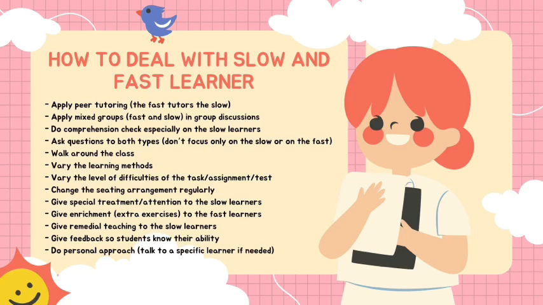And the next, do a comprehension check, especially for the slow learner. Not yes or no questions, but we can ask them to repeat our instructions so that the learning will be delivered effectively.